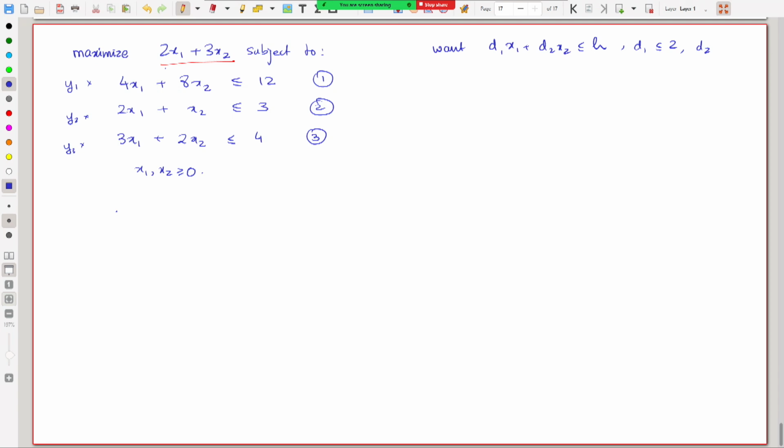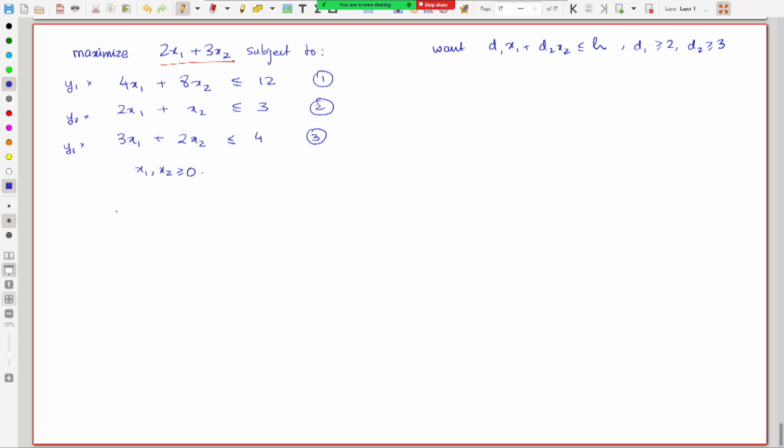So, d1 less than or equal to 2, d2 greater than or equal to 2. Okay, so let us see what I can get.